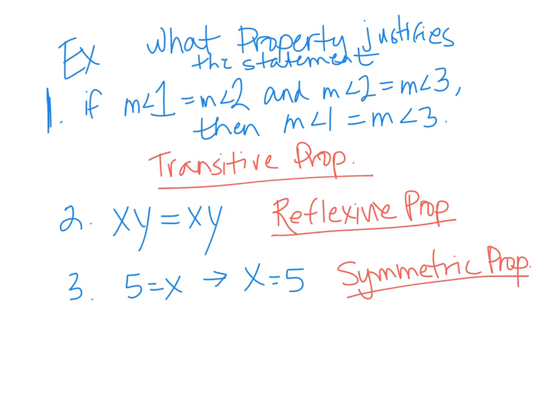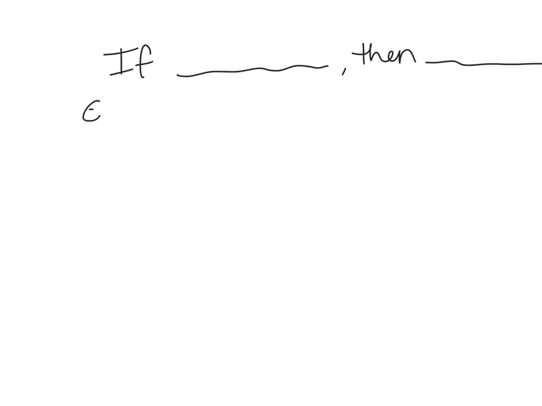So I want you to set it up the same way. Remember the setup for the proof is you're going to have your if-then statement. Okay, so you get your given information. And then what you want to prove, you write down that, it's like a heading for the proof.